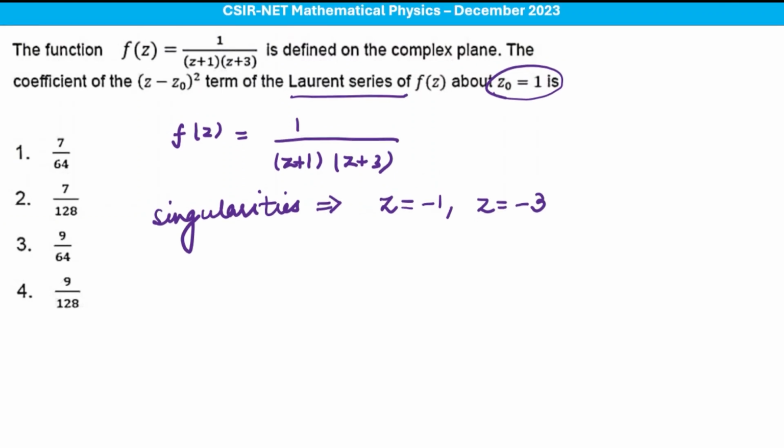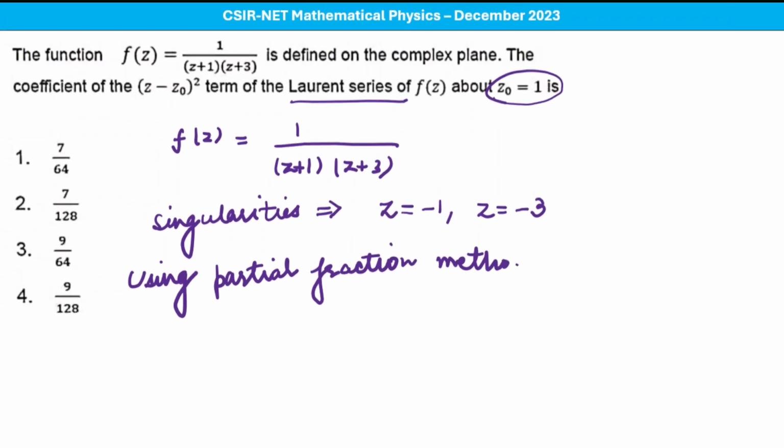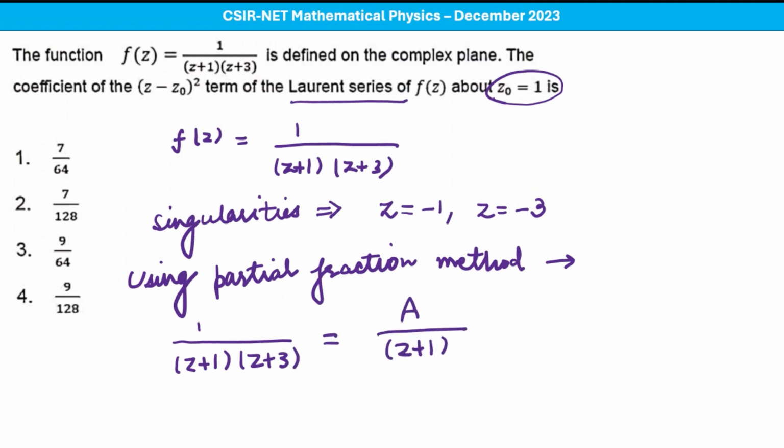To write this function in a simpler form, we will use the partial fraction method. Using partial fraction method, 1 upon z plus 1 into z plus 3 is equals to a upon z plus 1 plus b upon z plus 3.